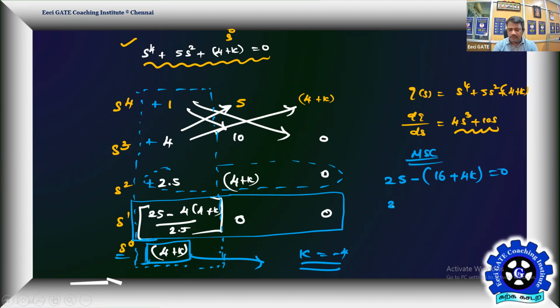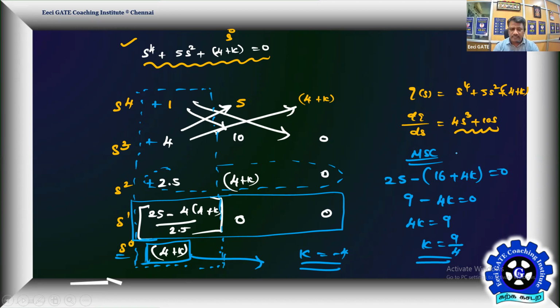Force it: 25 minus 16 will become 9. So it's going to be 9 minus 4k equal to 0 for the marginally stable condition. Therefore 4k must be equal to 9 and k must be equal to 9 by 4. So k equal to 9 by 4 is the marginally stable condition. So the entire row will vanish. K equal to 9 by 4, k equal to minus 4, we have to check.